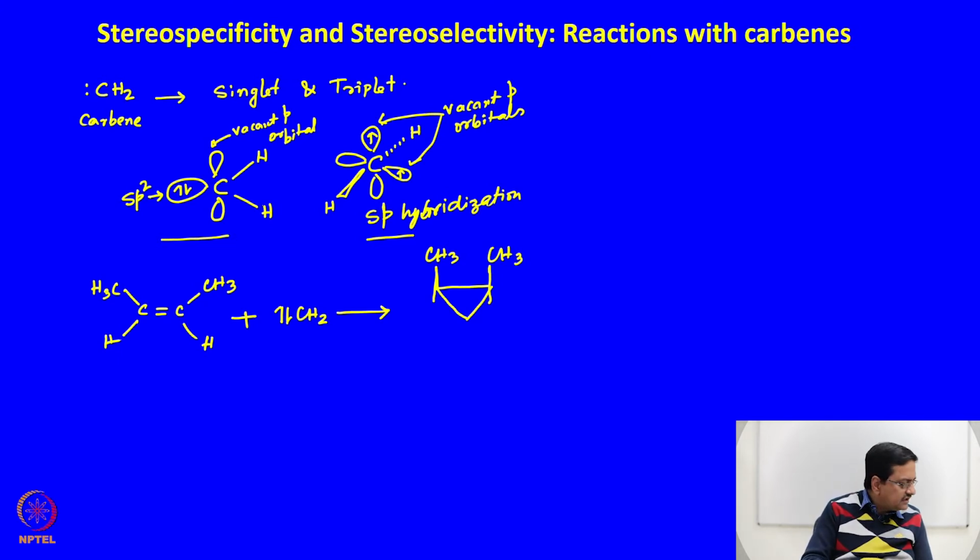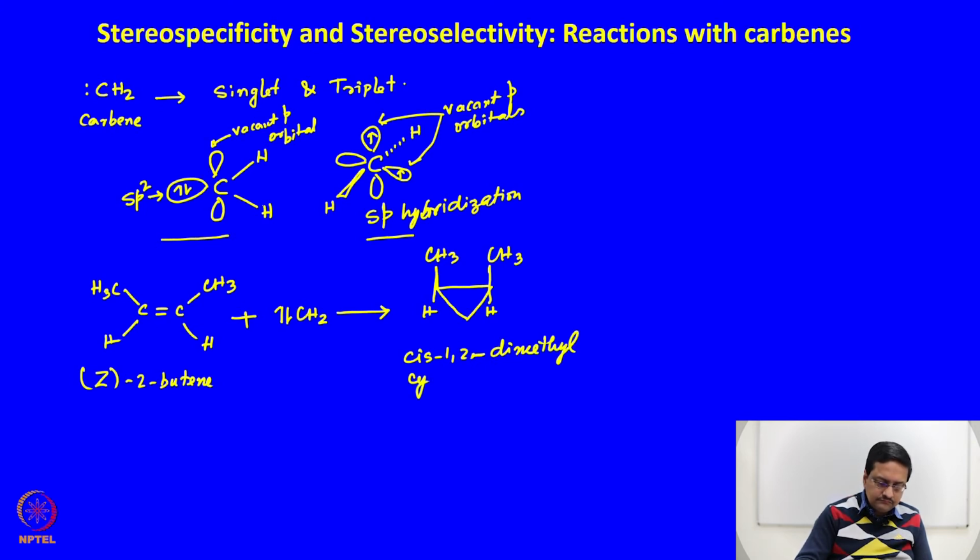So we started with Z-2-butene, and we get here cis-1,2-dimethylcyclopropane.